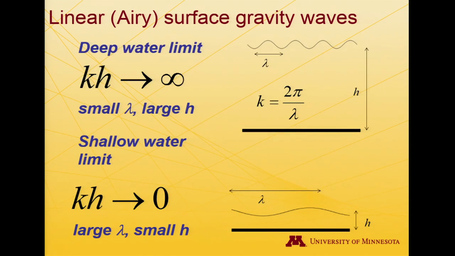So as kh becomes very large, that's the so-called deep water limit of the wave. And let's just take a second to look at what geometrically it means when kh becomes large. It means that either h is large or k is small in some relative sense.